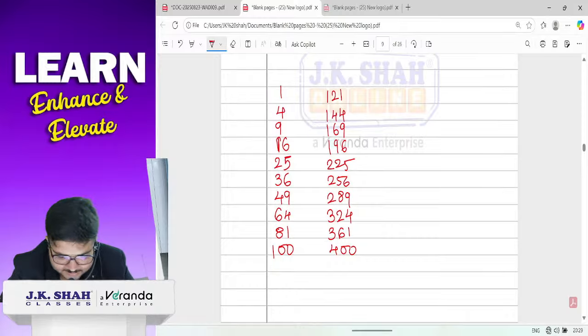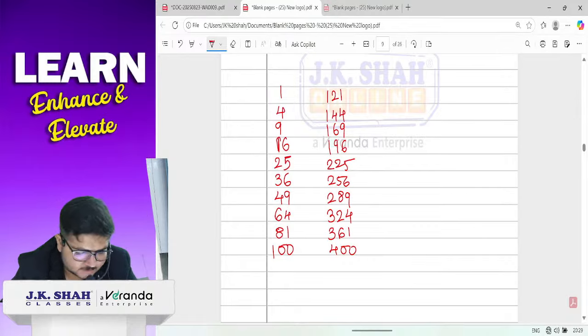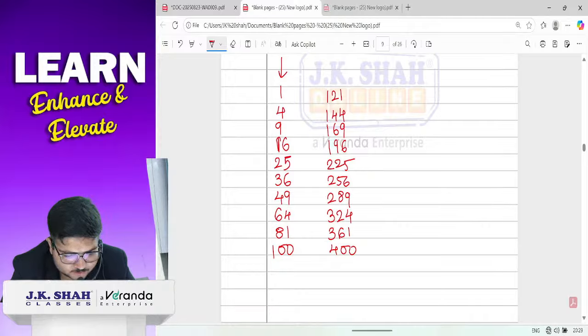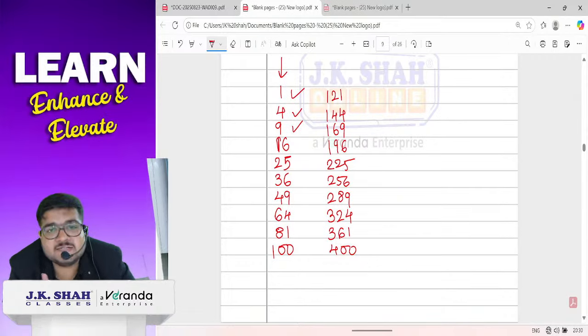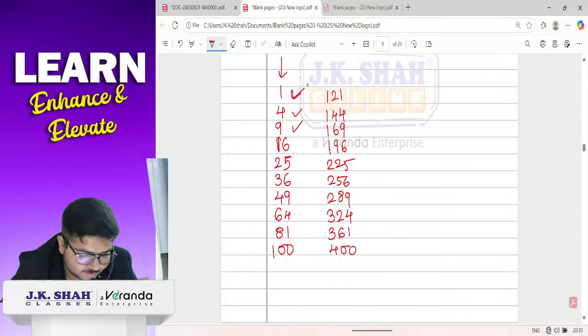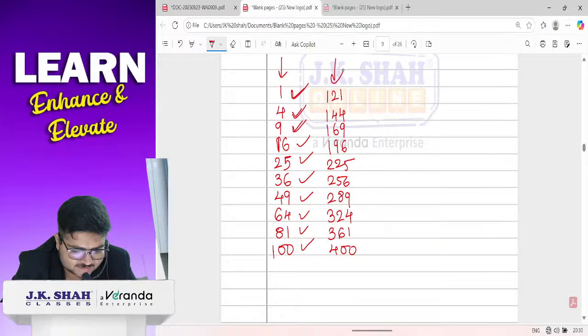Now, please pay attention. From 1 to 10, the squares are 1, 4, 9, 16, 25. Please focus on the last digit. I am only speaking the last digits of the squares: 1, 4, 9, 6, 5, 6, 9, 4, 1, 0. Now see the last digit of this.